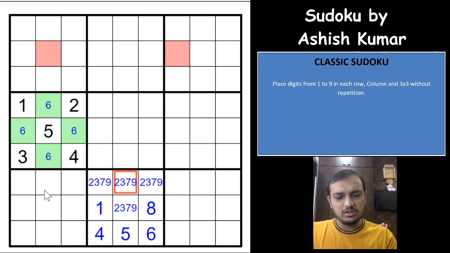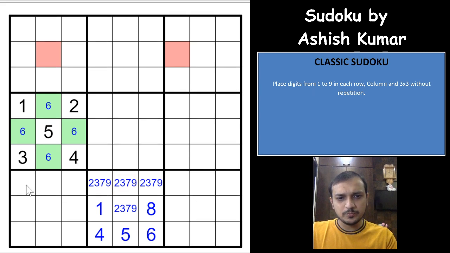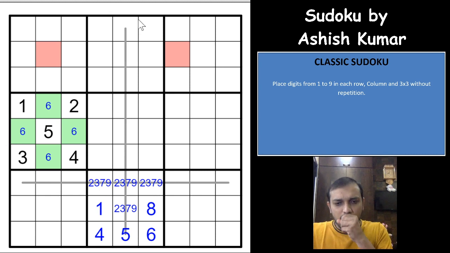So here also, say you are looking for a candidate of 2, it works properly because you have exactly one row and one column that works for the candidate for 2, right?